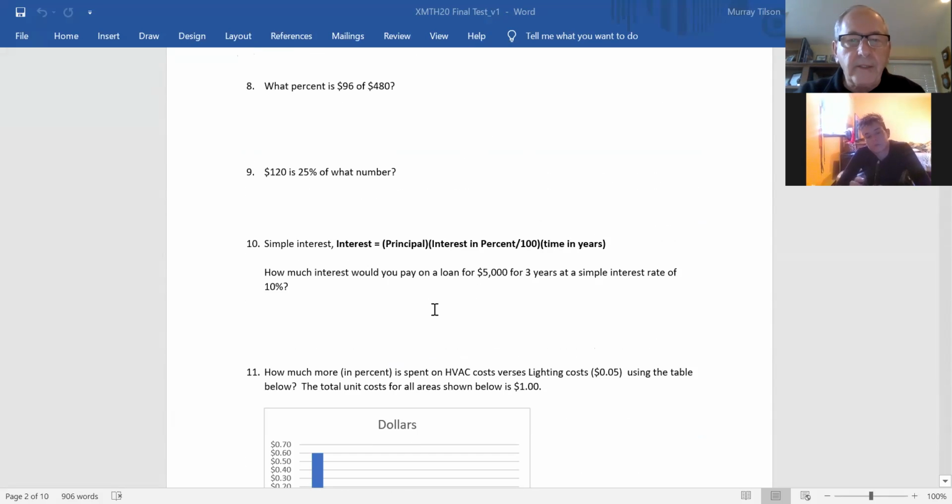In this case, it would be 5,000 times the percent, which was 10%, so 10% divided by 100 to convert it into decimal form, times 3 years. So the interest is equal to principal times interest in percent divided by 100 times number of years. That's the formula you would use, okay? In this particular case, it would be quite simple.